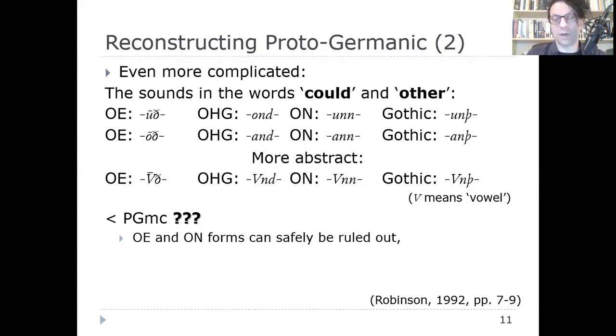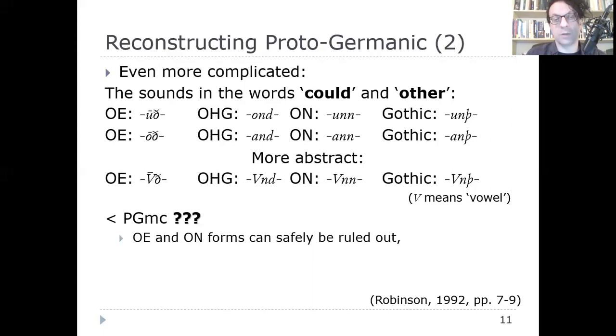So the N was dropped from Old English, maybe turning the vowel into a long vowel instead. And Old Norse seems to have gotten rid of the dental or alveolar consonant behind the N. It instead just has a long N sound, sort of maybe to make up for that loss.